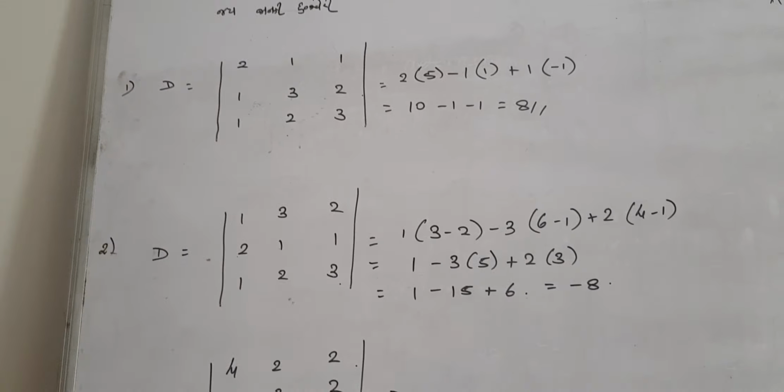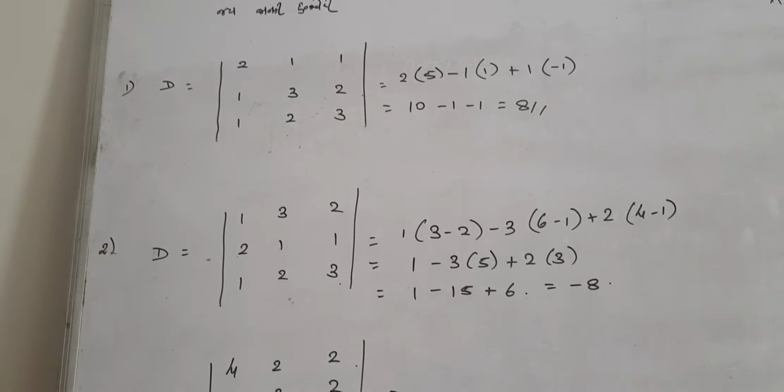Last one. See, again I take D as that sum. 2 3 4, second row minus 1 2 5, and 5 2 1. I made a mistake maybe somewhere in the calculation.